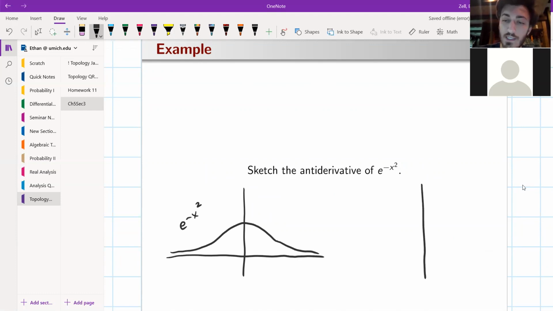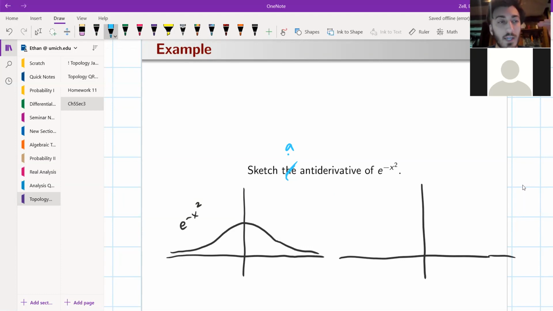And the question is asking us to sketch the antiderivative. But we already know so much about calculus in this course, so there's really nothing new here to learn. First of all, we learned that antiderivatives are not unique. So sketching the antiderivative is maybe a bad way to put it. It's maybe sketch an antiderivative of this function. We just saw that shifting our function by plus c doesn't matter.